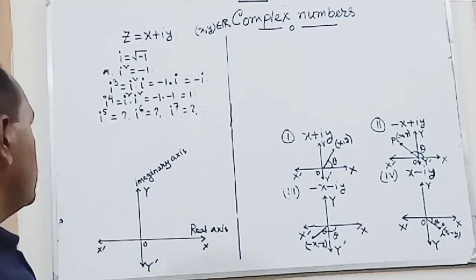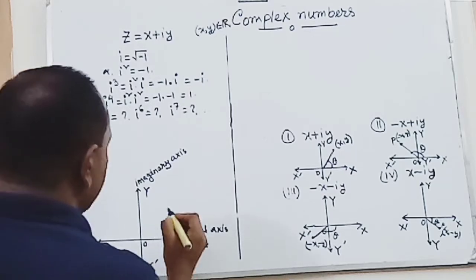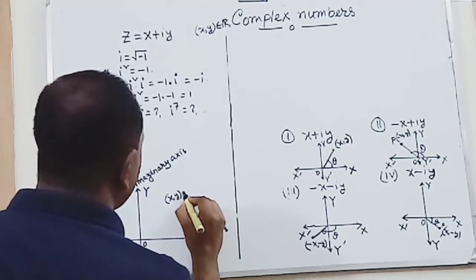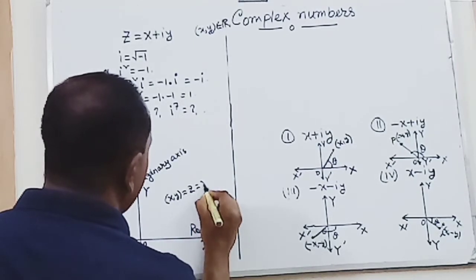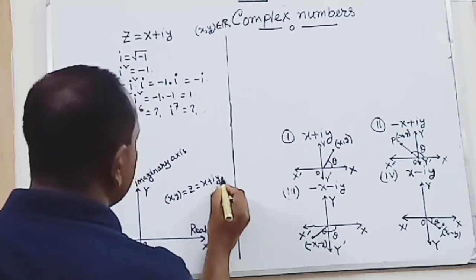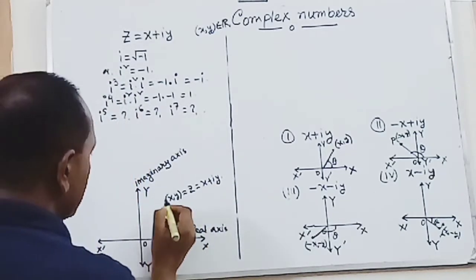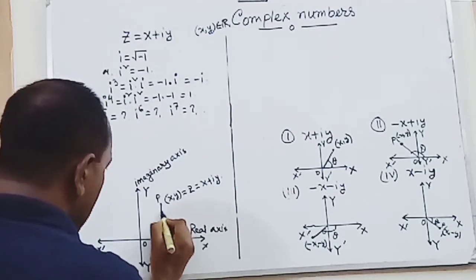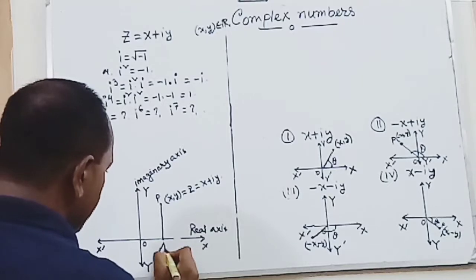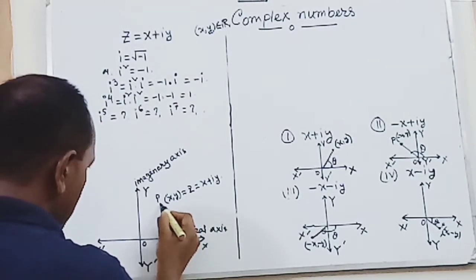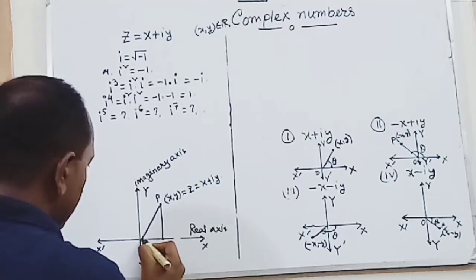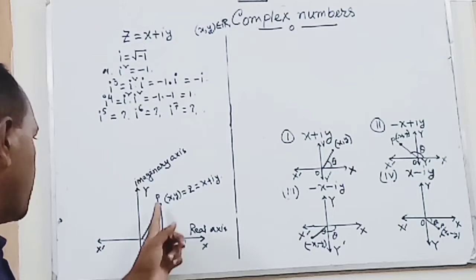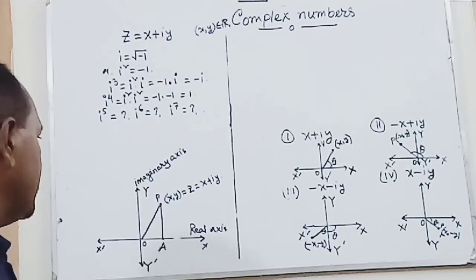Okay. Now suppose the ordered pair x comma y corresponds to the complex number z equals x plus iy, and let us call this ordered pair P. Now let us draw a perpendicular PA from the point P and join the points O and P. By joining these two points you will get the line OP.